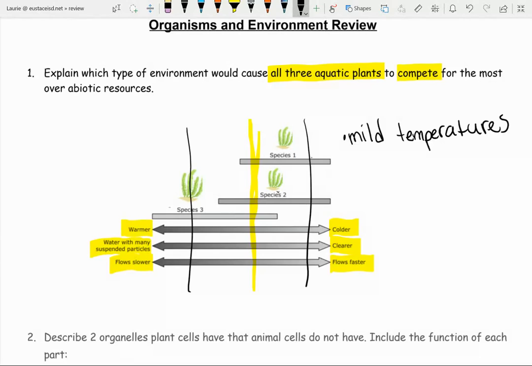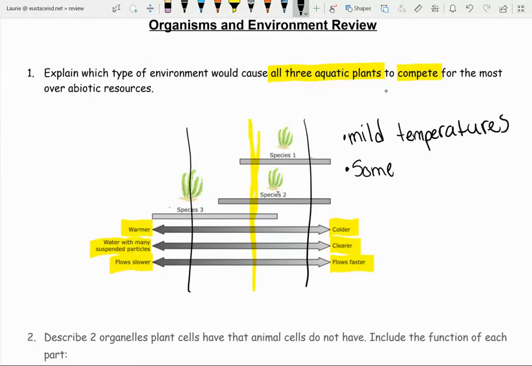So you might say you've got mild temperatures here. Okay, on this end you've got water with many suspended particles. Here, there's pretty much no particles in the water. So in the middle, I might say there's water with some particles, so some particles floating in the water. Sorry, let's fix that.